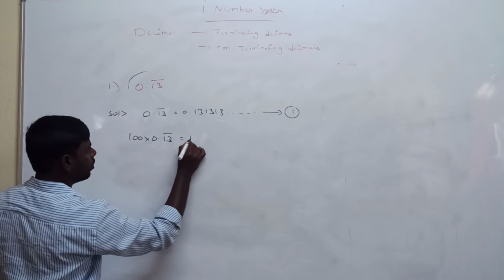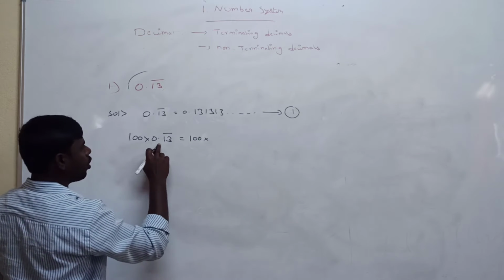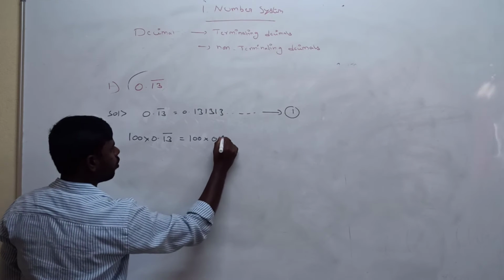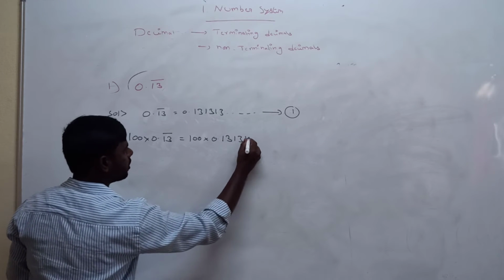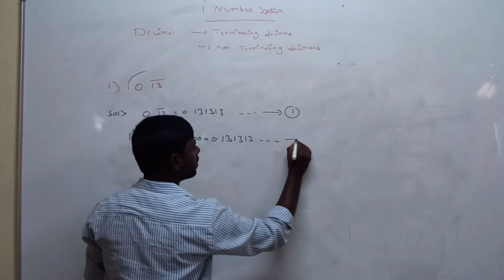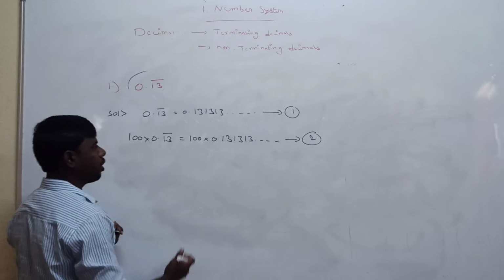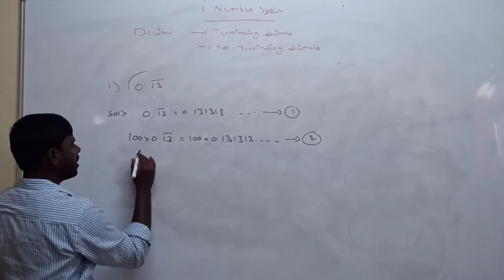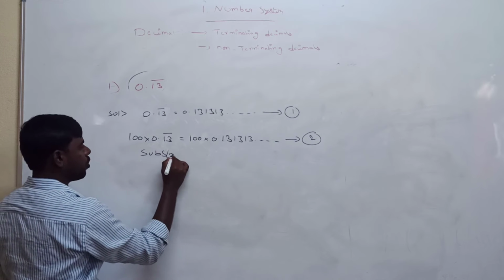100 into 0.13 bar value is 13.1313 and so on. Consider this as equation number 2. Subtracting equation 2 minus equation 1.